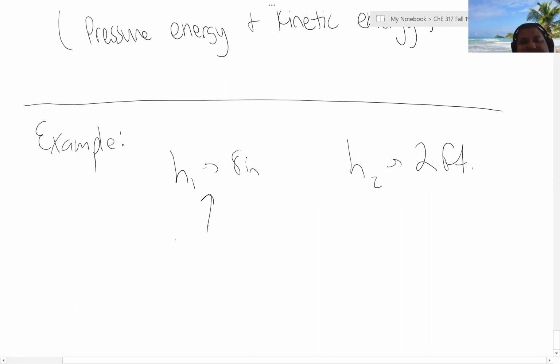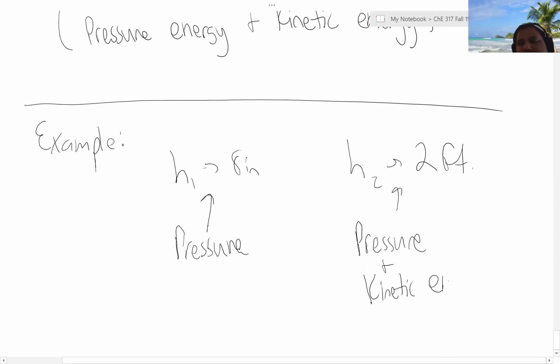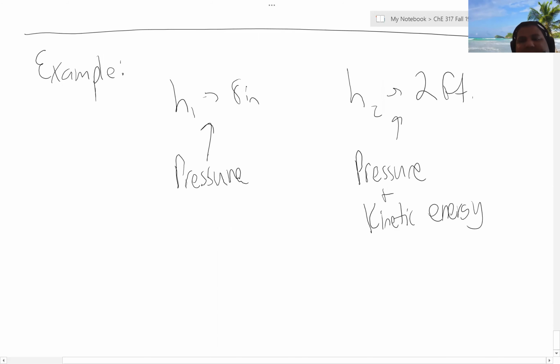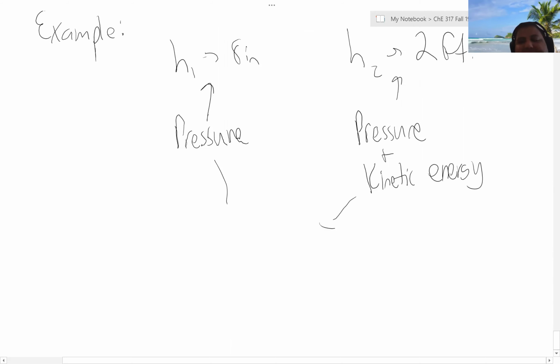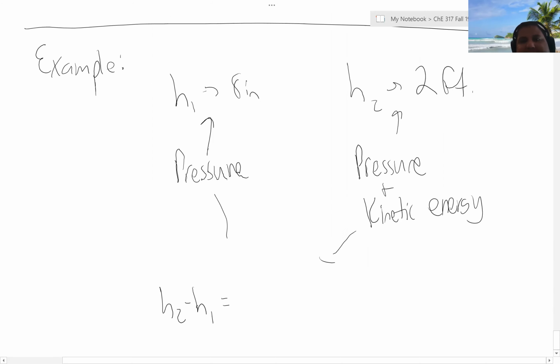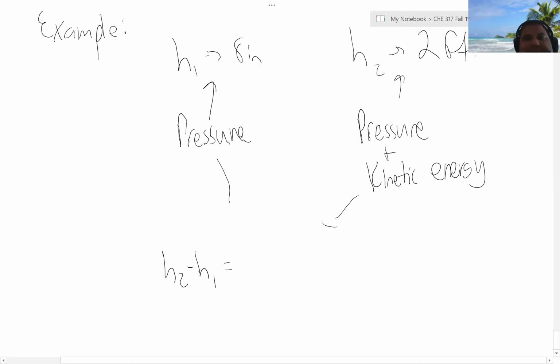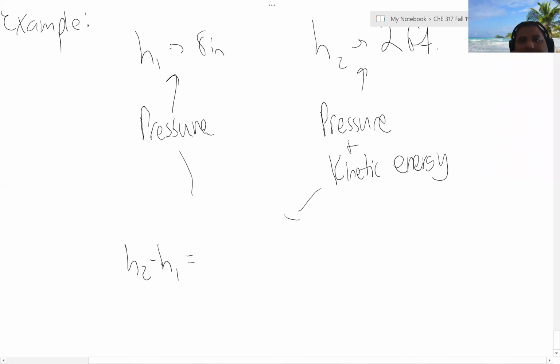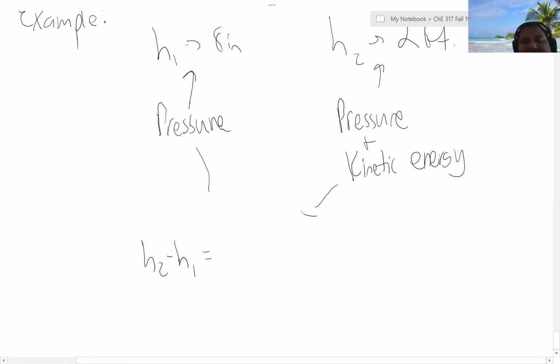That means if this is a function of pressure, and this is a function of pressure and the kinetic energy, to find just the kinetic energy, you just find the difference. And so the difference, h2 minus h1, is essentially 24 inches minus 8 inches, which is 16 inches.